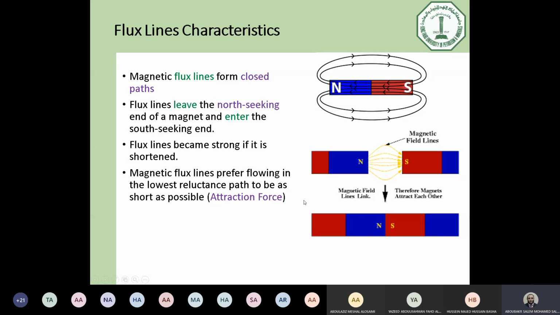What is the difference between permanent magnets and electric magnets? Electric magnets can perform the same function as a permanent magnet. However, if the electrical supply is disconnected from the electric magnet, it will not act as a magnet anymore.